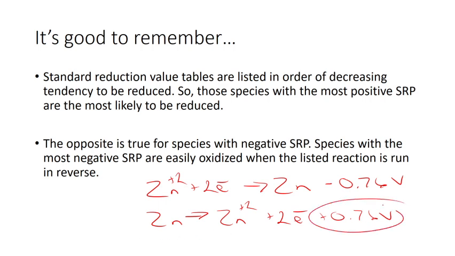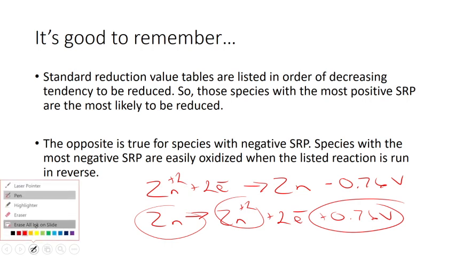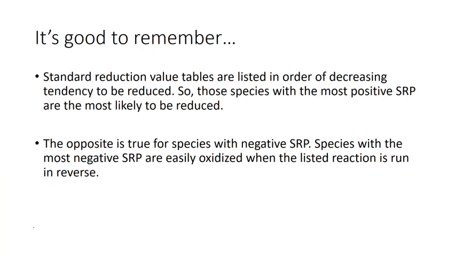It is more favorable to be oxidized, going from neutral to +2. The charge is increasing: oxidation. So when you run that reaction in reverse, it is likely to be oxidized because it has a more favorable value in voltage.